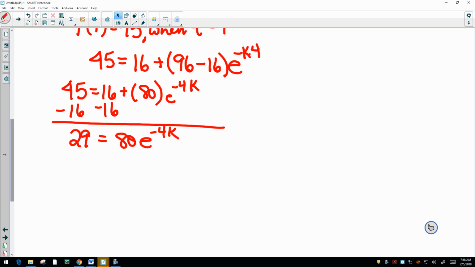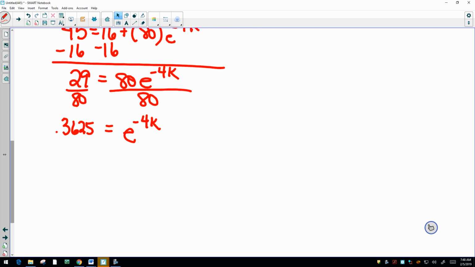Kind of like we did with that first problem on our notes, we're trying to get e by itself. So I want to divide through by 80, get everything away from that exponent. So we have e to the negative 4k equals, if we divide this out, somewhere around 0.3625. Now the constant is stuck in an exponent, and I want to get that exponent to come down.